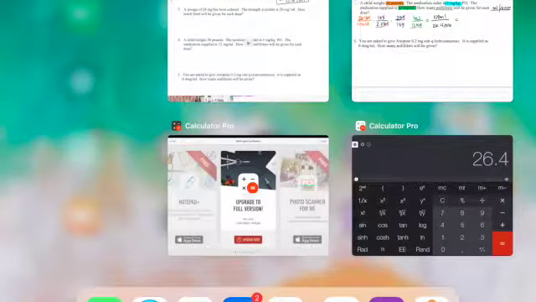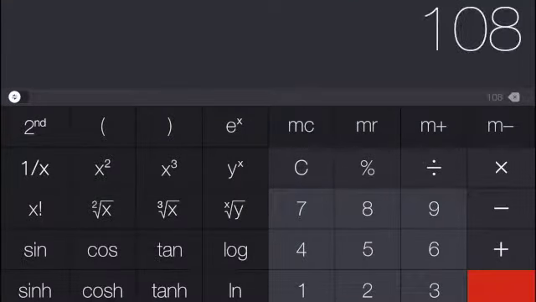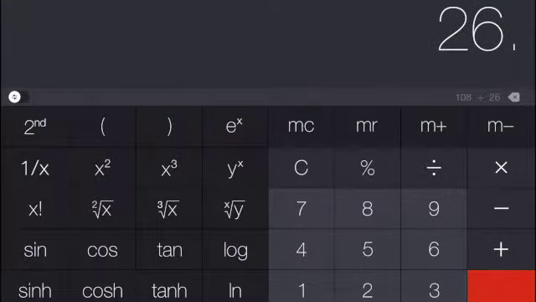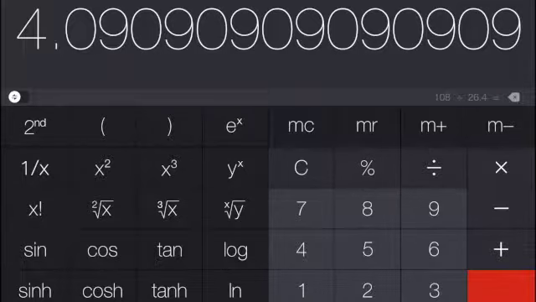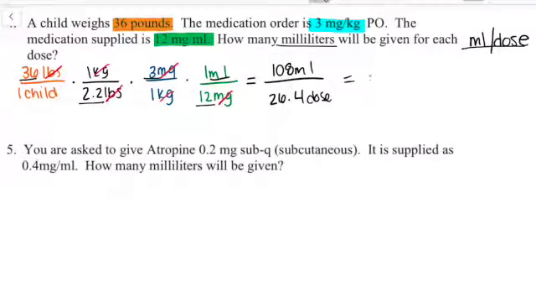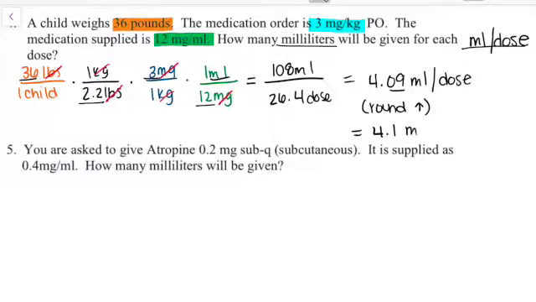So 108 divided by 26.4 equals 4.09 mLs per dose. We're going to round up. So that equals 4.1 mLs per dose.